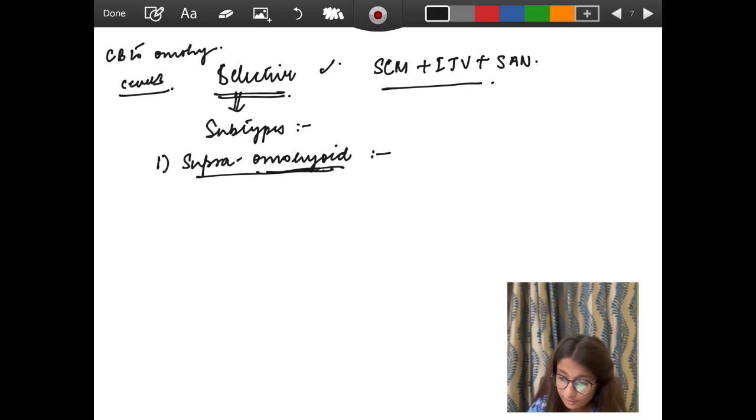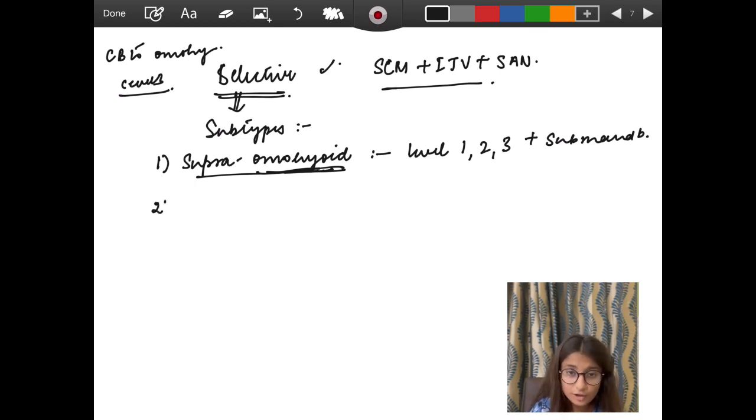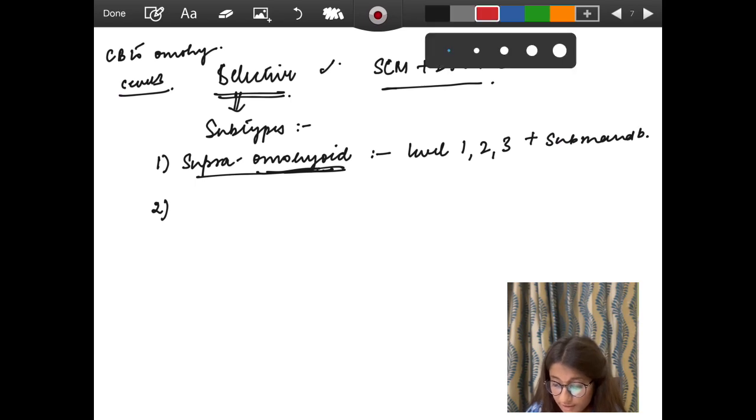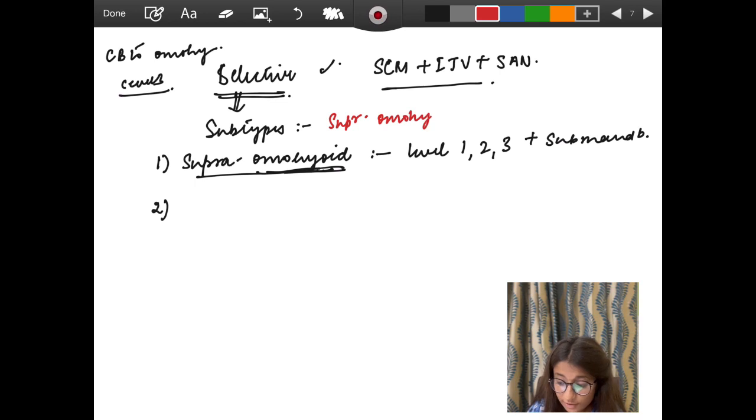That's why here we remove level 1, 2, 3 plus the submandibular gland, because it is supraomohyoid, the lymph nodes removed are those superior to the omohyoid muscle. So level 1, 2 and 3 groups of lymph nodes come under this.